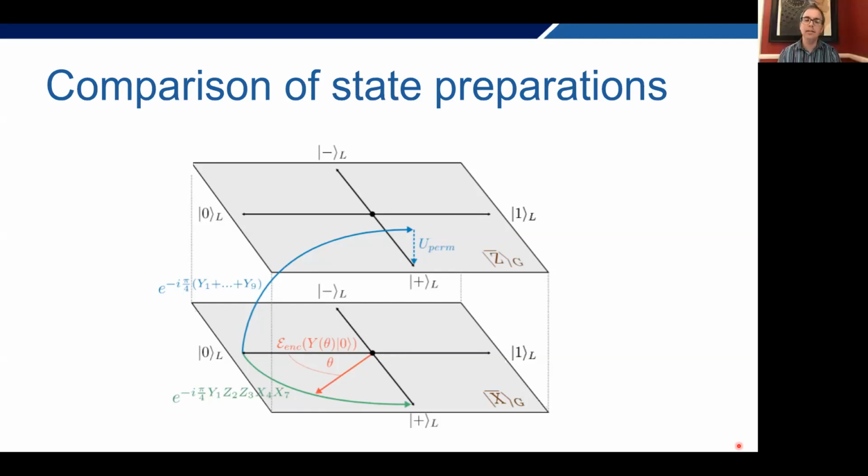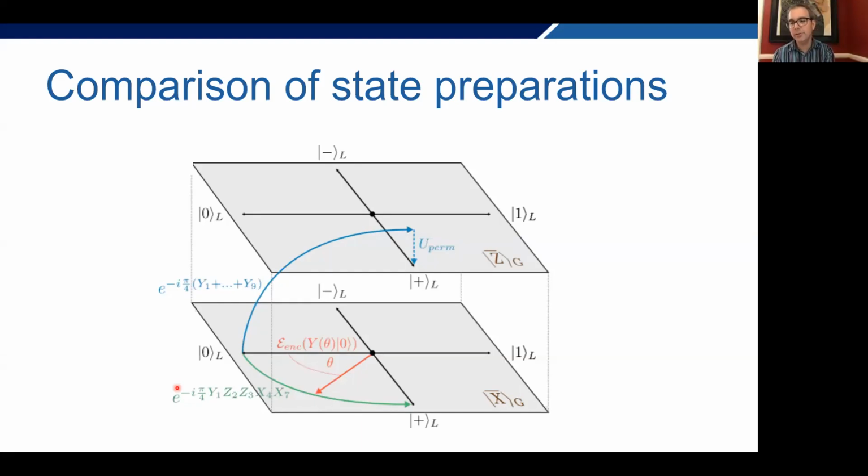Let me just say one thing, which is interesting to me, is that there are many ideas along these lines of sheets and coverings. So here, where we directly apply the logical Y rotation, it is really critical that it actually preserves your gauge.